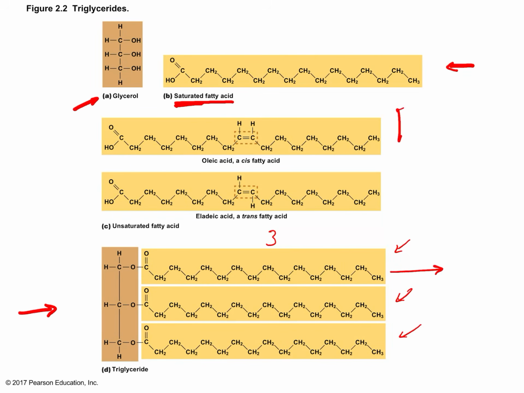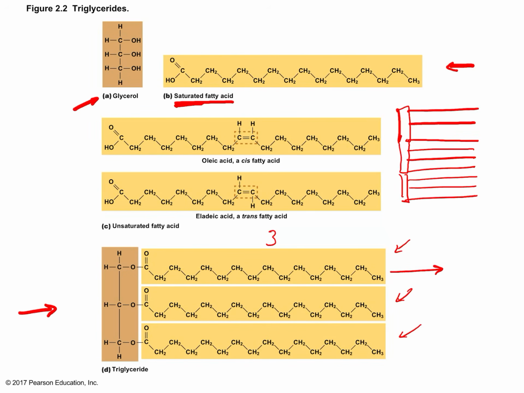A complete triglyceride with all saturated fatty acid chains would look like that. All of the chains are straight, so saturated fats are able to pack very tightly with each other, because they're basically very straight molecules.